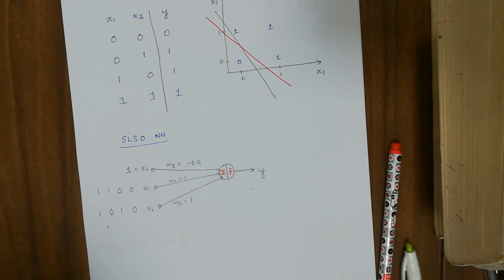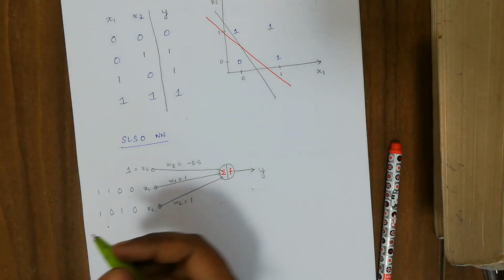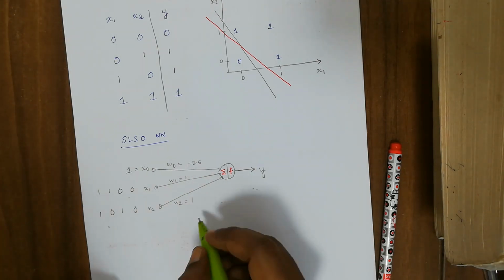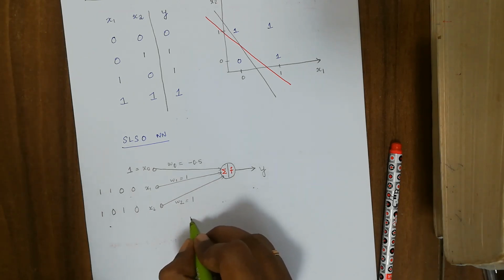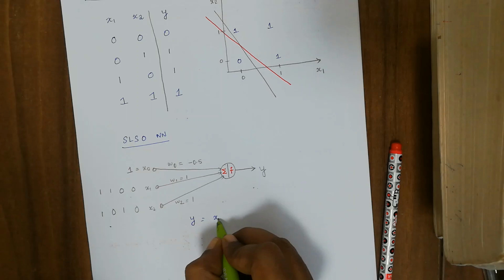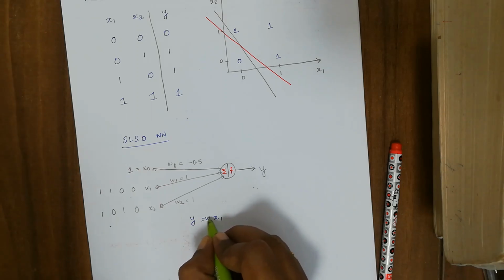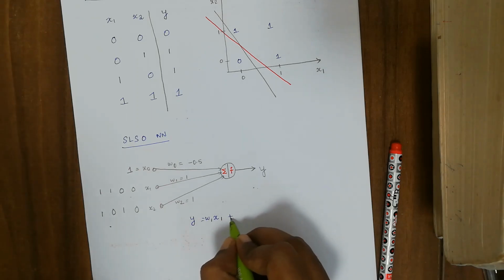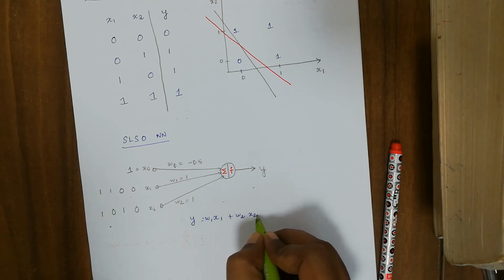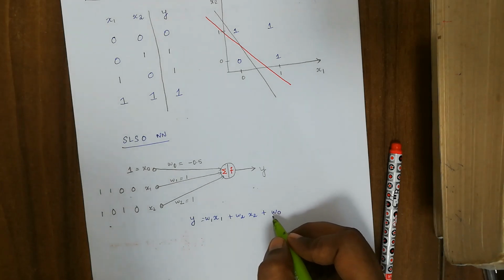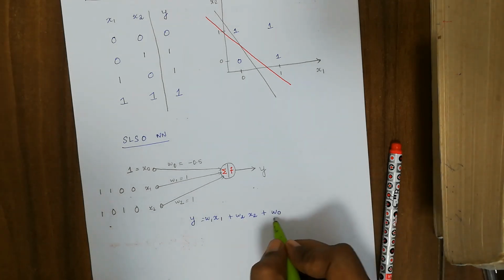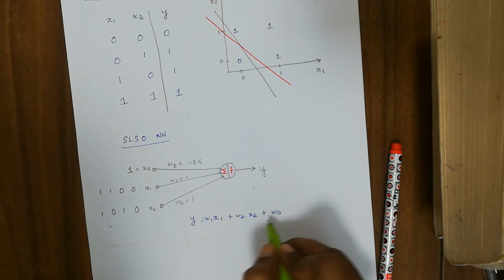With this, let us check whether it can generate the correct results or not. Given this weight vector, I can write y as W1 into x1 plus W2 into x2 plus the bias term, which is W0 multiplied by x0. The value of x0 is 1, and 1 multiplied by minus 0.5 gives minus 0.5.